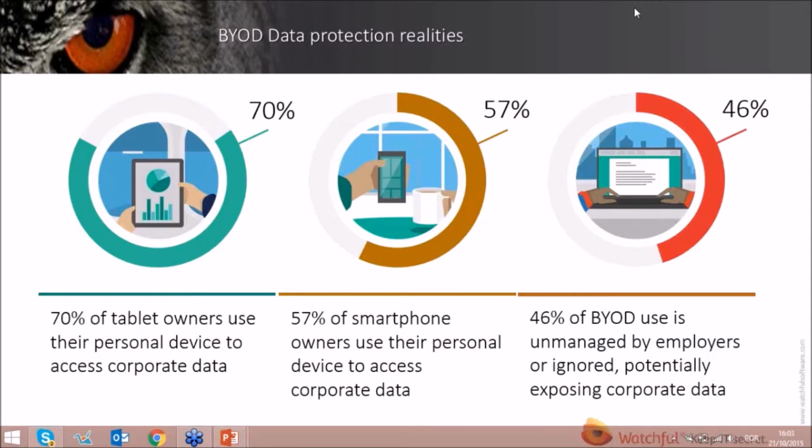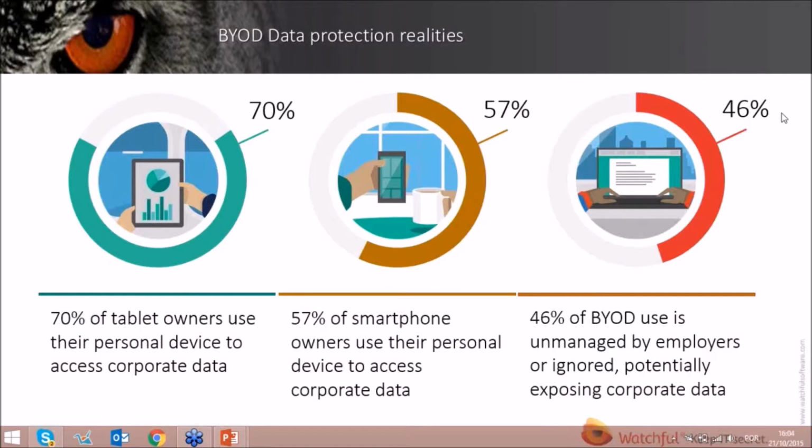The actual numbers may vary from here to there. The point being, Chris, if you look at these numbers on the percentage of tablet owners that use their personal device to access corporate data, or smartphone users, or even unmanaged devices, do you feel that this is a real indication of the reality out there? How do you see these numbers? Yeah, thanks, Rui. Absolutely.